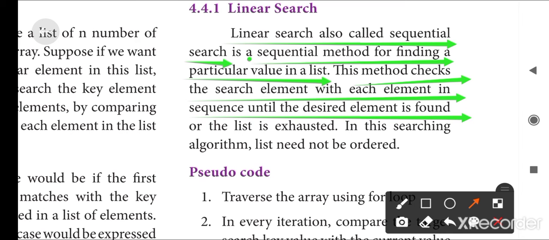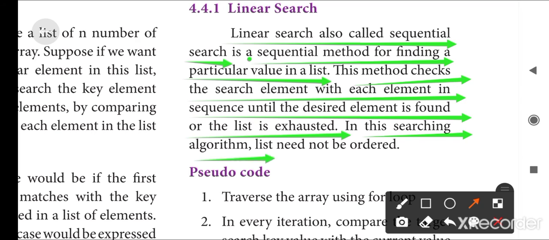Once the user's wanted element is found, the linear search is stopped. But if the wanted element is still not found at the end of the list, then the search is not applicable, or the list is exhausted.